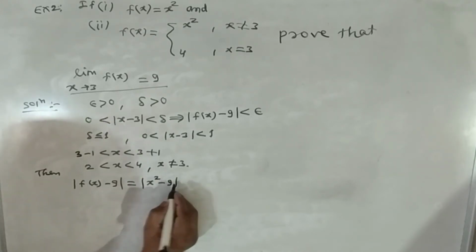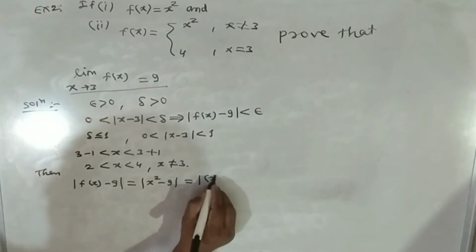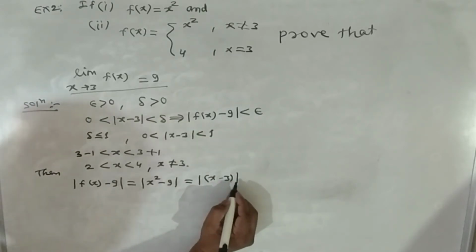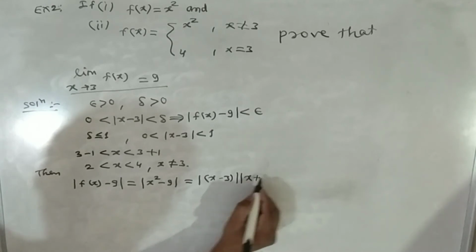So we get this is equal to mod x minus 3 into mod x plus 3.